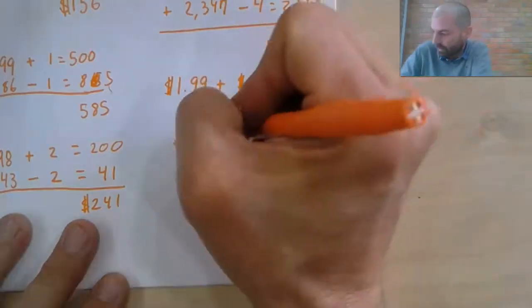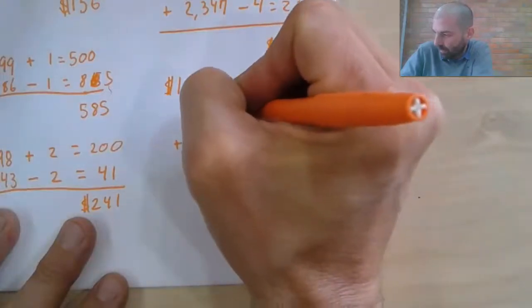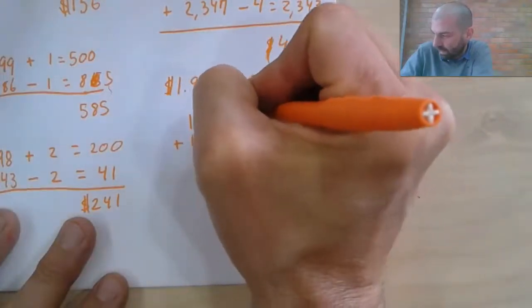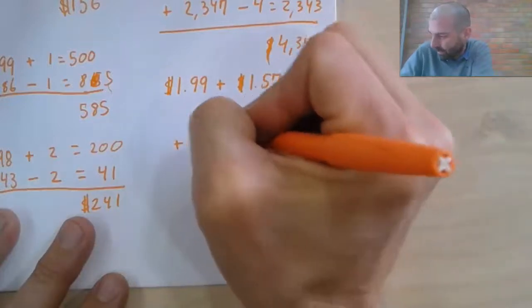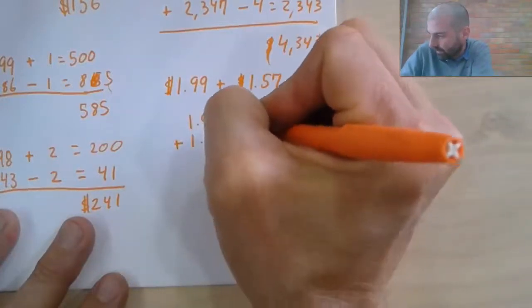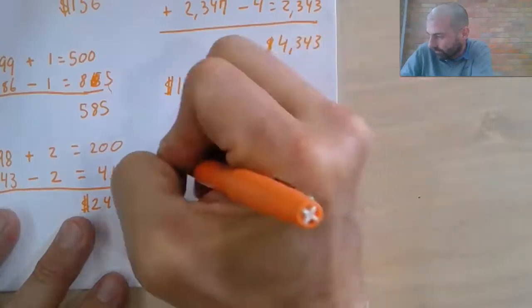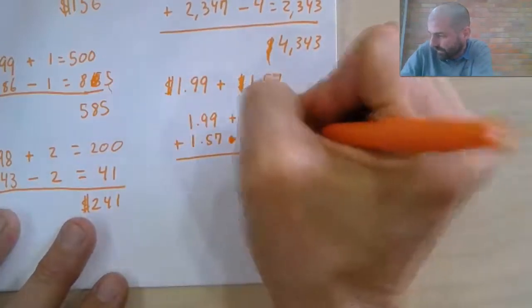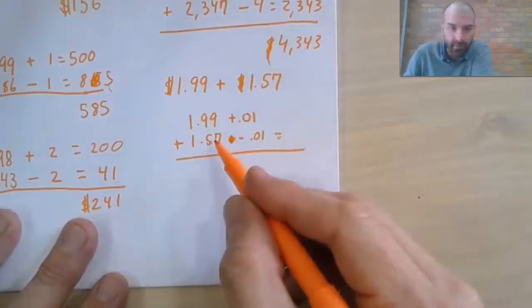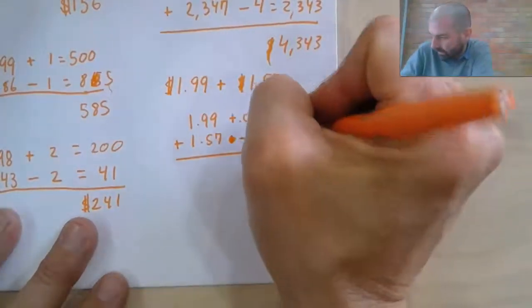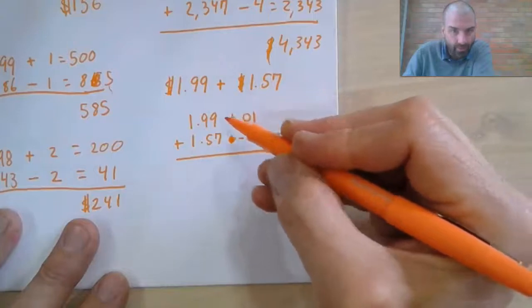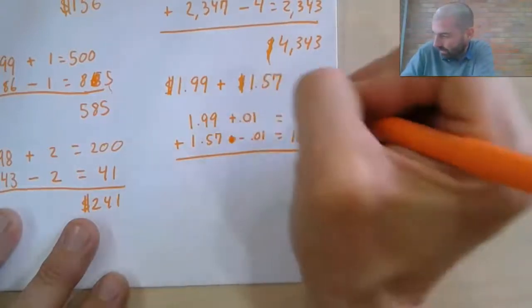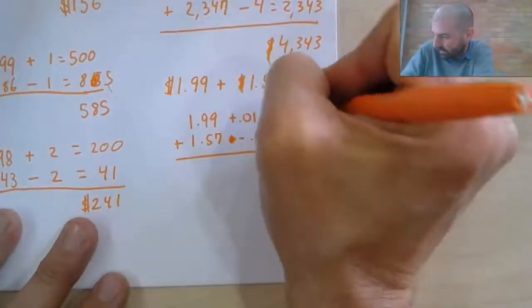So if I am going to get to $2, I need to borrow or take 1 cent. So if I'm going to take away 1/100th from here, that's going to take me to 1 and 56 hundredths. And if I give that 1/100th to my 1.99 or 1 and 99 hundredths, I get to 2.